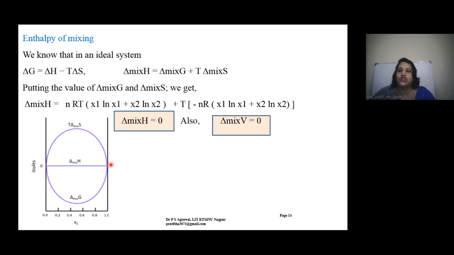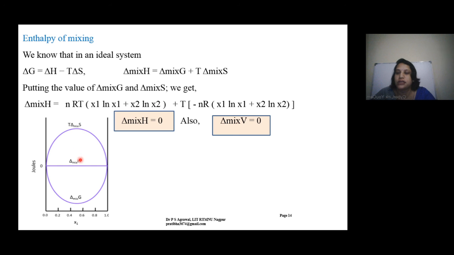So in the examination, if a numerical is asked, problems can be asked to find all 4 quantities. Just find the value of delta G, divide it by temperature, change the sign to get delta S, and write down directly delta H and delta V as 0. The problem can be of 2 marks.